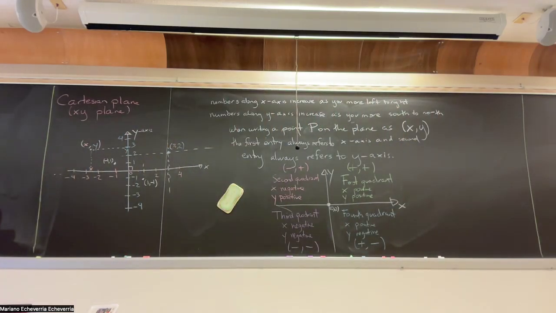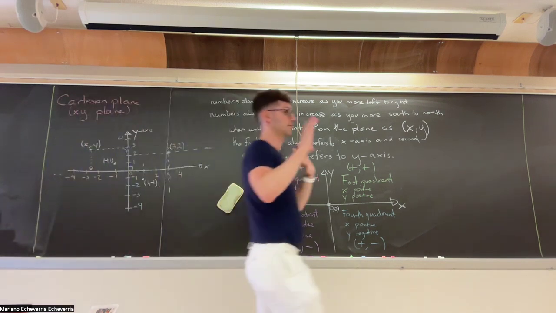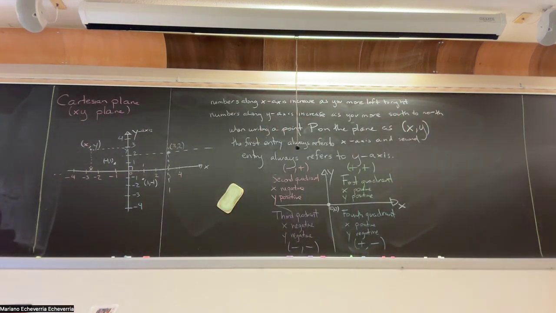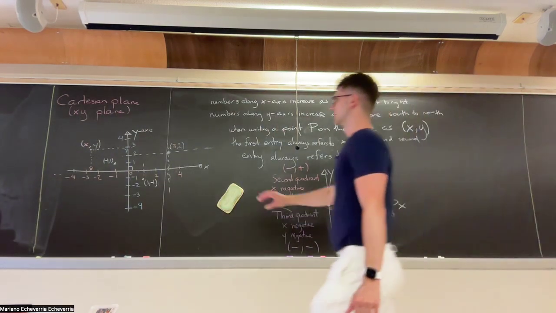Okay, so now the next step, again, what we want is to start visualizing some of the equations that we will be studying in the course. The most basic equations of absolutely any equation that you could study correspond to vertical or horizontal lines. That's the easiest, most simple drawing that you can have on the plane.